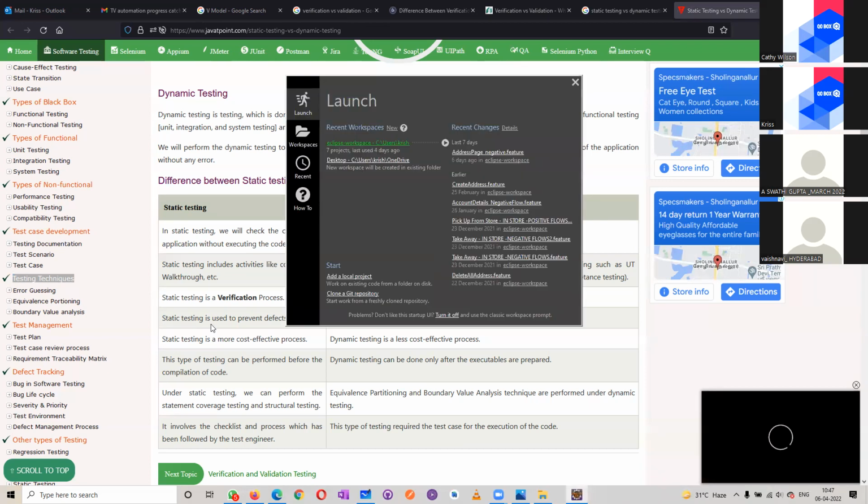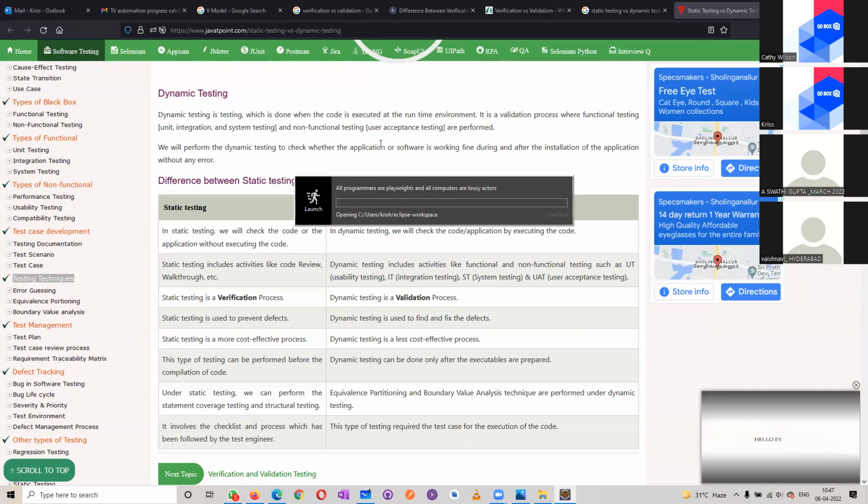So I just wanted to show you some code and explain so that it would be easier for you to understand. Now I'm not going to execute that particular code, but I will verify whether the code is properly written or not. Now this is called a code review.